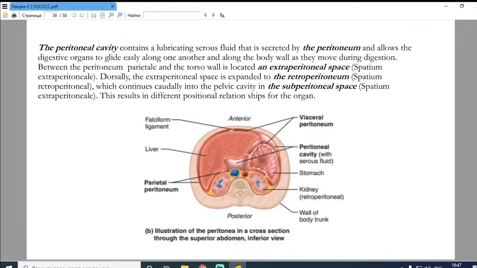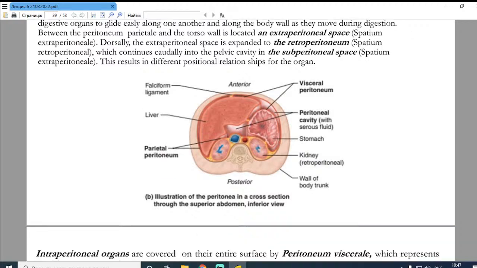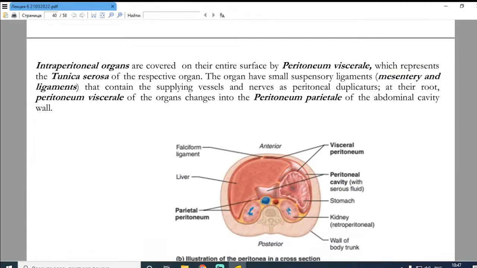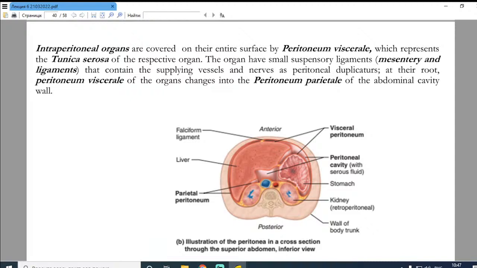This results in different positional relationships to the organs. You see the kidney located retroperitoneal. Intraperitoneal organs are covered on their entire surface by peritoneum viscerale, which represents the tunica serosa of the respective organ.